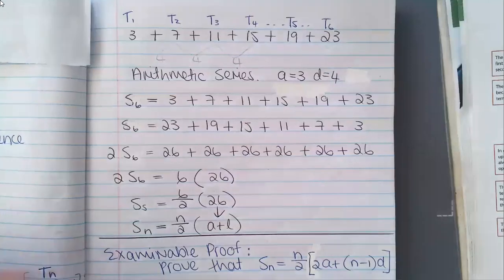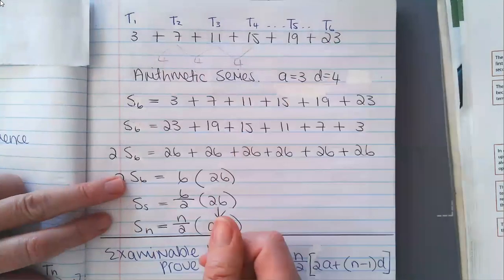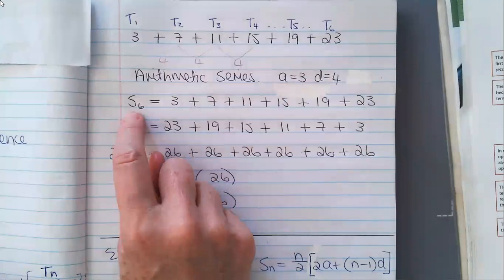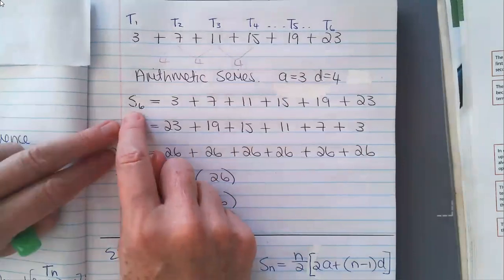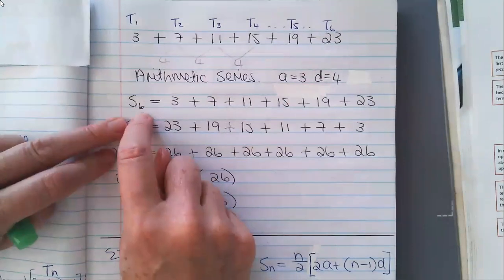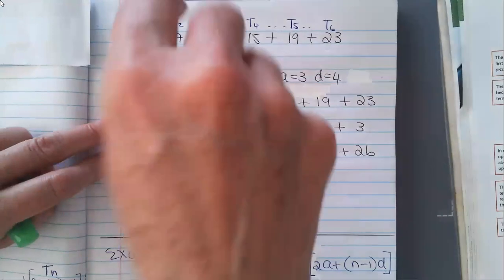We are going to say, there are 1, 2, 3, 4, 5, 6 terms. The symbol that we use is S of 6, or S of n for n terms. So we have 6 terms, the sum of 6 terms.